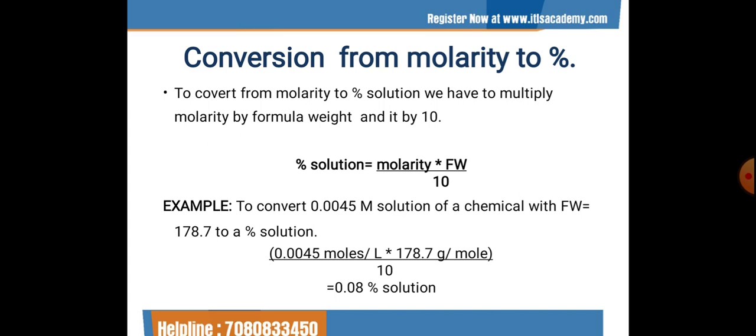Example, in order to convert a 0.0045 molar solution of a chemical with the molecular weight of 178.7 to a percent solution, we simply put all the values into the formula, that is 0.0045 moles per liter into 178.7 grams per mole divided by 10, and it will give a percent solution of 0.08%.